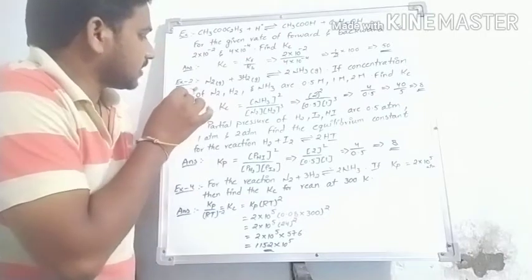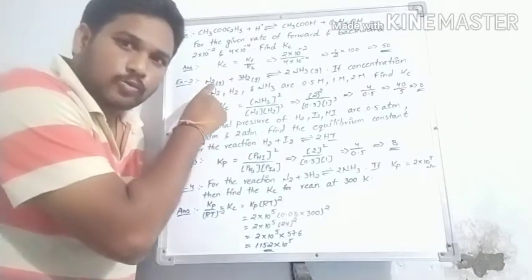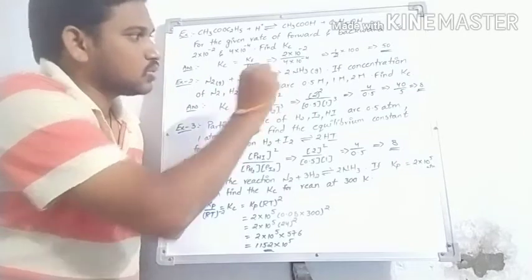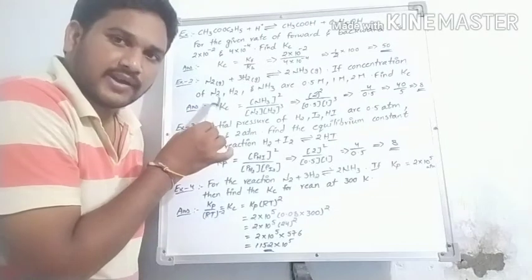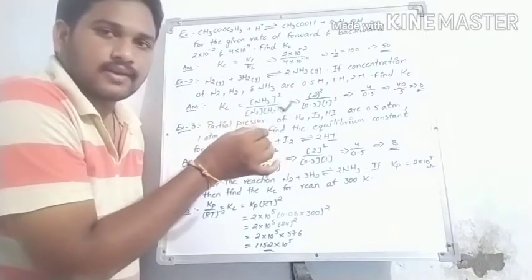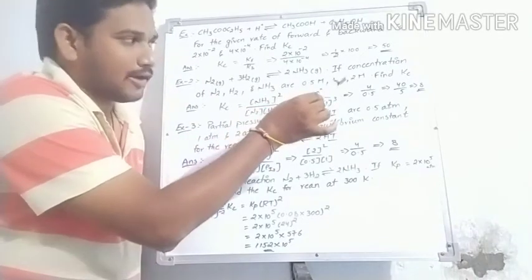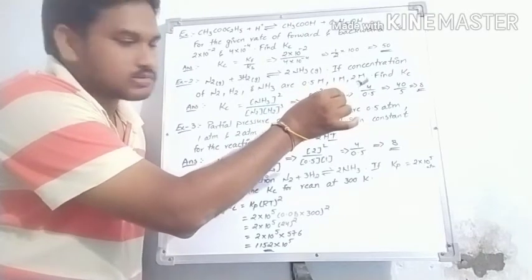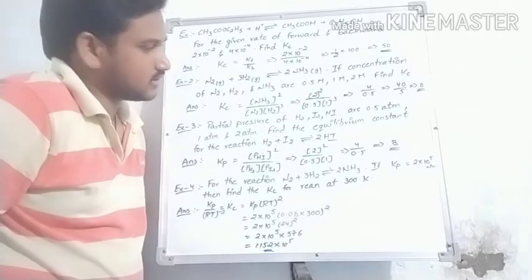Okay, and the next one is one more example question. N2 plus 3H2 is given as 2NH3. If the concentrations of N2, H2 and NH3 are respectively 0.5, 1 molar and 2 molar, students, then find the Kc, means equilibrium constant.